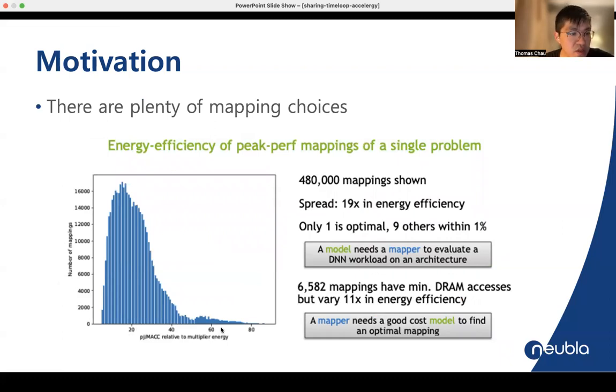It shows that there is a 19-times difference in energy efficiency, whereas only 9 out of 480,000 mappings are within 1% of optimal. Therefore, the key is to consider efficient mapping using an efficient mapper with a good cost model. Note that the number of DRAM accesses is not enough to tell good mappings from bad mappings.